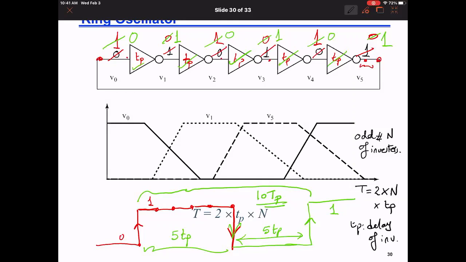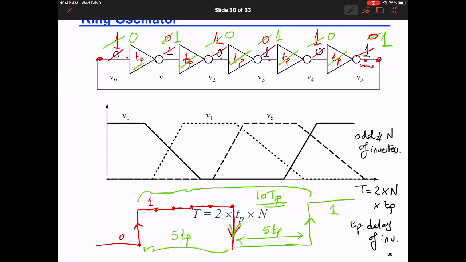So if the delay of the inverter is 50 picoseconds and I don't have equipment to measure it, I can put a chain of 200 or whatever number of inverters, or 201, and then I will get a period which is in nanoseconds, and then I can measure it externally to understand what's the frequency and know if this chip is a fast chip or a slow chip, etc.